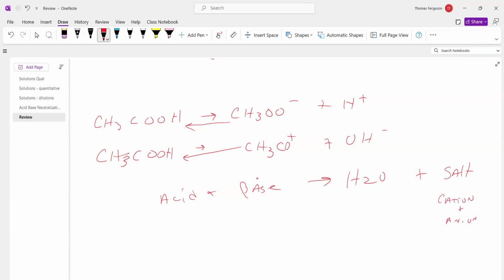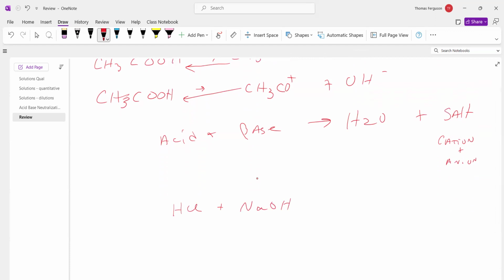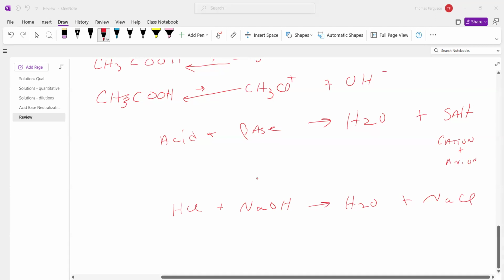And the cation comes from the base, the anion comes from the acid. So we take hydrochloric acid plus sodium hydroxide. So this is lye. And if the moles of acid equals the moles of base, then we'll have no leftover H's or leftover OHs. And that's called neutral. Hence the name neutralization reaction.